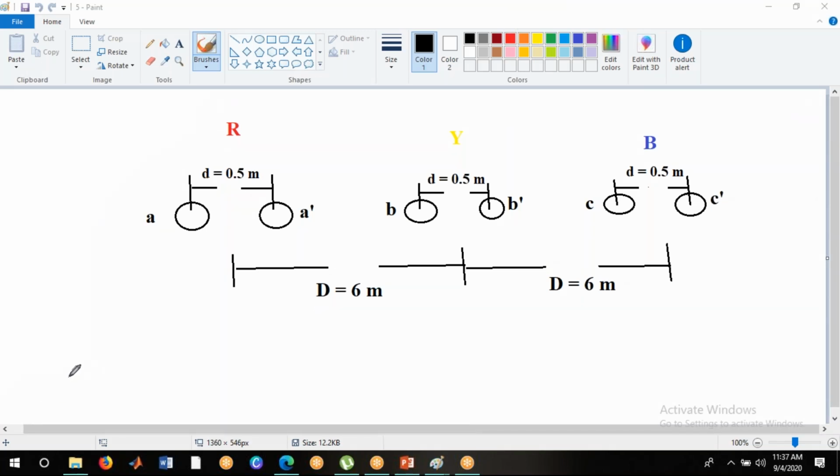So the DM equation is DM equals cube root of 5.99 into 5.99 into 11.99.